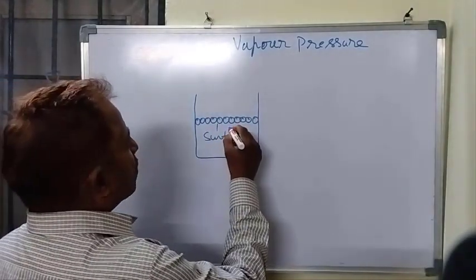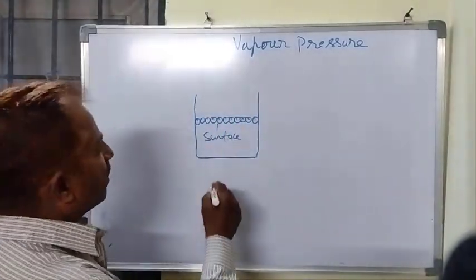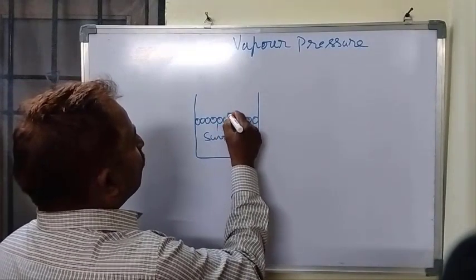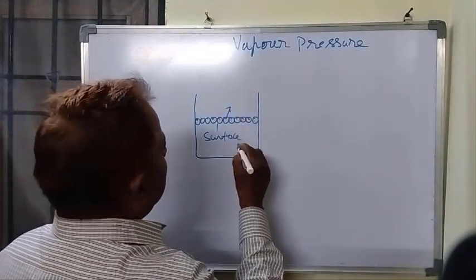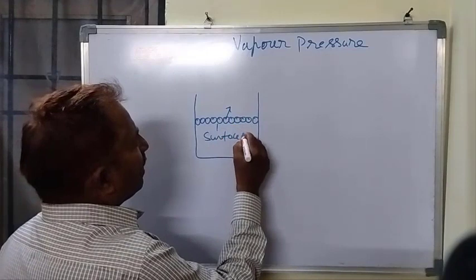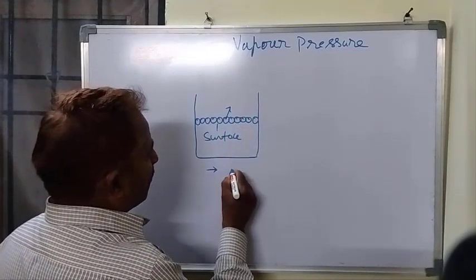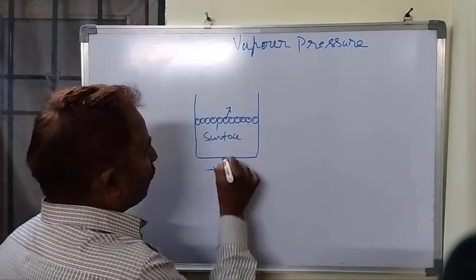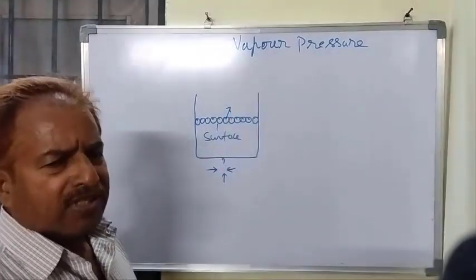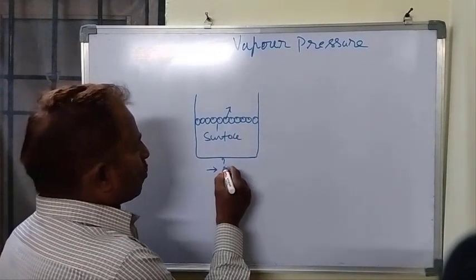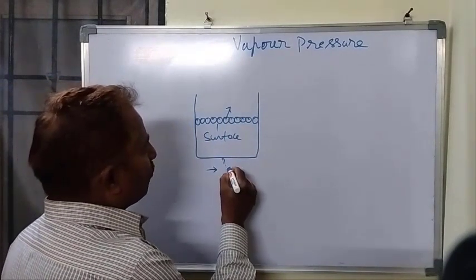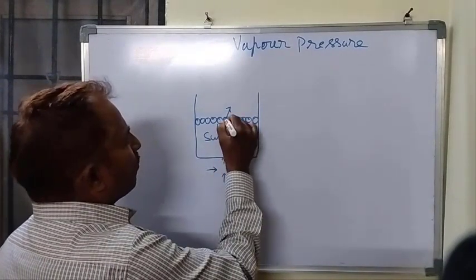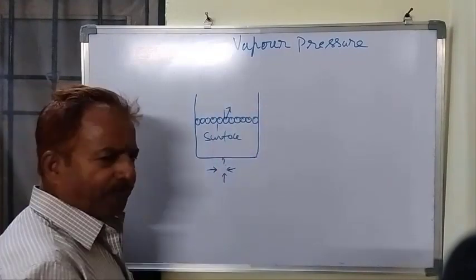The molecules on the surface tend to move out, because they have attractive force in three different directions, whereas there is no attractive force on the surface. As unequal forces are acting here, the molecules tend to move out.